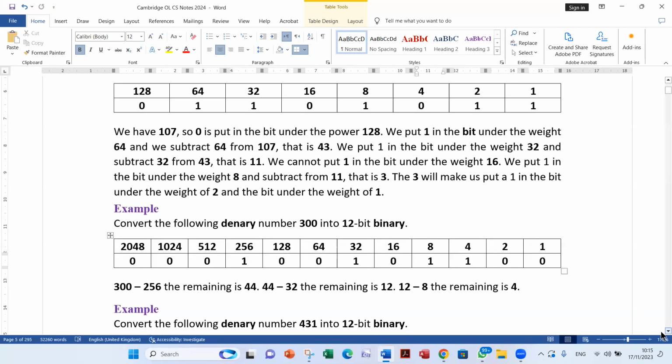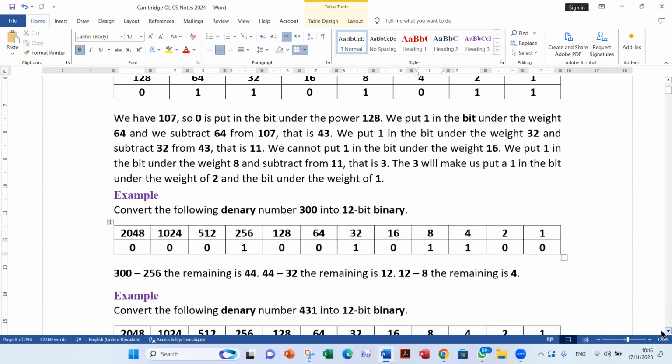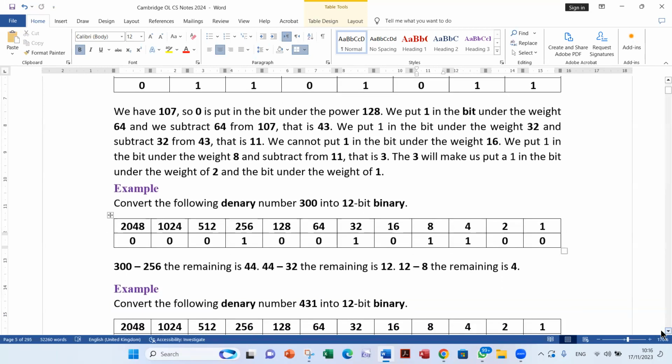There is a special question about that, the number of bits necessary for a given value, and typically above 8 bits is 12 bits. So the exam is asking you to convert 431 into 12-bit binary. Okay, please go ahead.